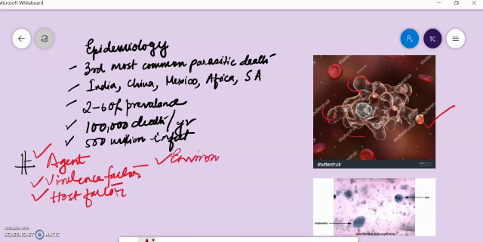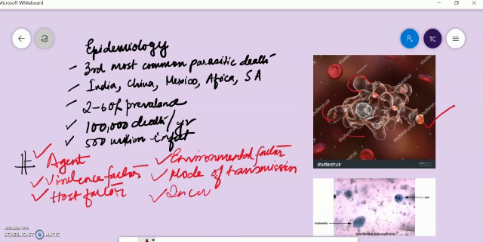Environmental factor. Mode of transmission. So you need to know the mode of transmission and your incubation period.